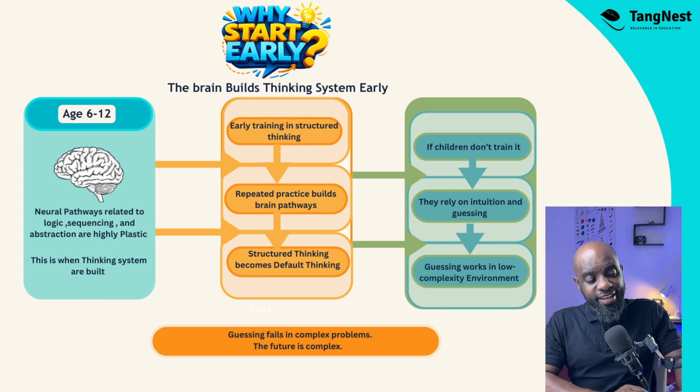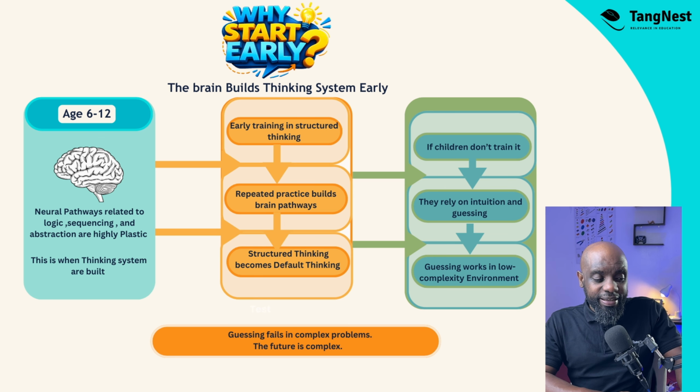So here is the second option. Either you choose the first one or you choose the second one. The second option, kids do not train this type of thinking at all. In that case, the child often relies on intuition and guessing.